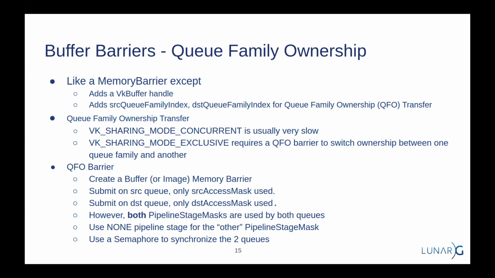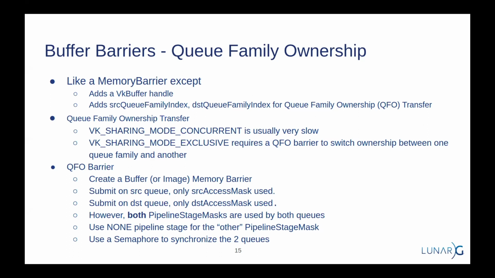The way these barriers work is very confusing, and there's been changes to the spec about the language about it, and quite a few questions about it, and it took me a while to figure it out. So what happens is you submit a barrier on both the source and destination queues, and on the source barrier only the source access mask is used. On the destination barrier, only the destination access mask is used.